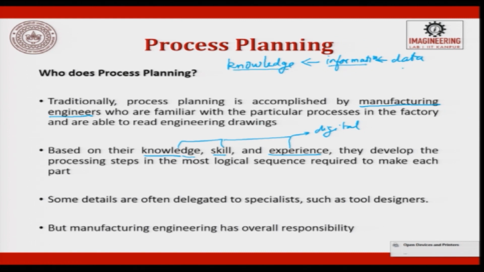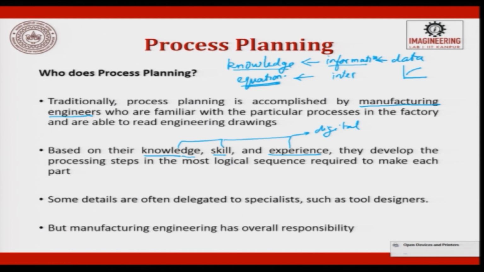So, that means to say if you try to take a graph, and from the graph whatever you give is an interpretation, and from the interpretation if I can convert it into an equation, now this equation will store lot of data which is in compressed form. So, knowledge is that. So, skill and experience I will use it to convert, these are coming from the data and information. Now, I convert this into an equation, this equation is stored. Now, this equation can be easily read and understood by a computer.